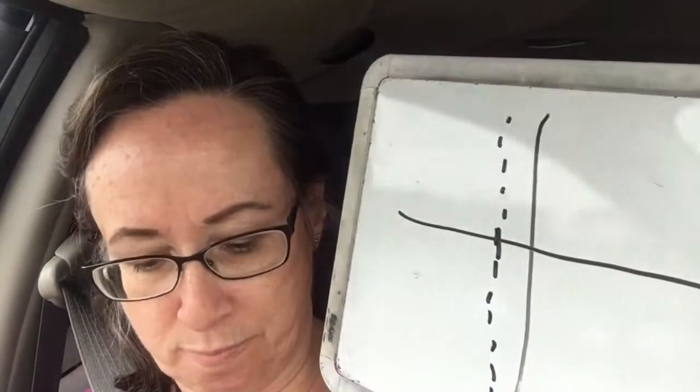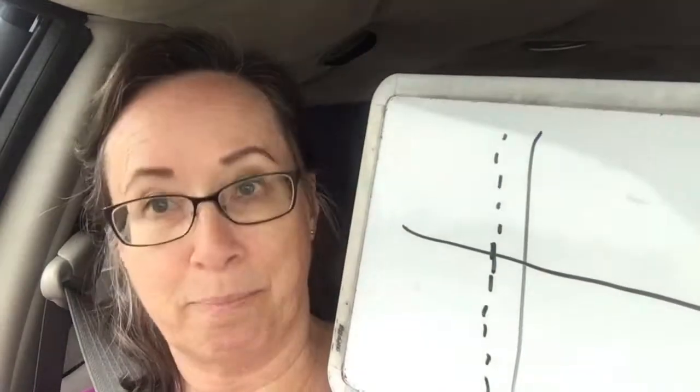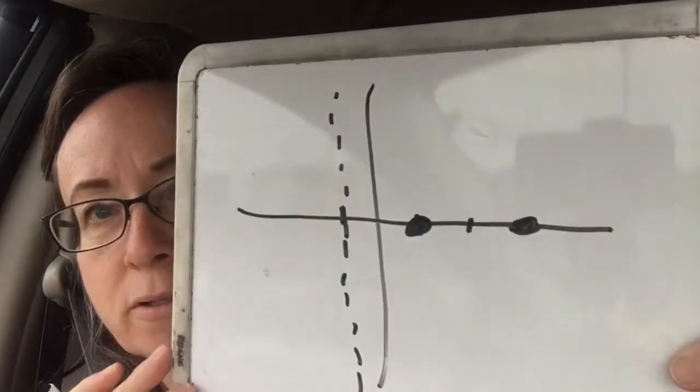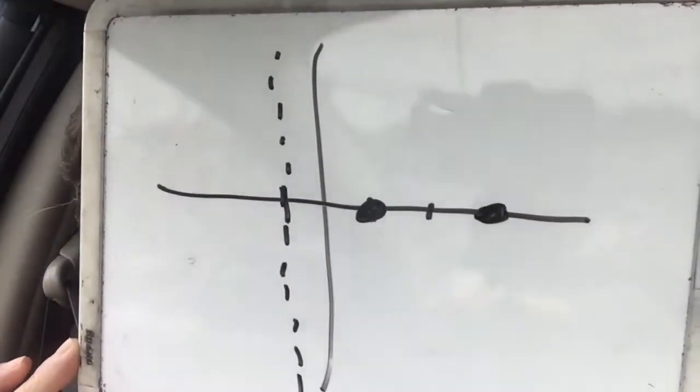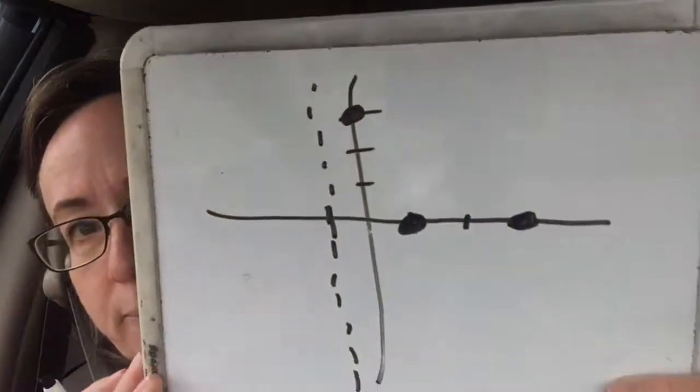A little bit crooked, but you got the idea. We have zeros at +1 and +3, so we have x-intercepts at those points, and we have a y-intercept at 3. So we'll say 1, 2, 3 is our y-intercept.